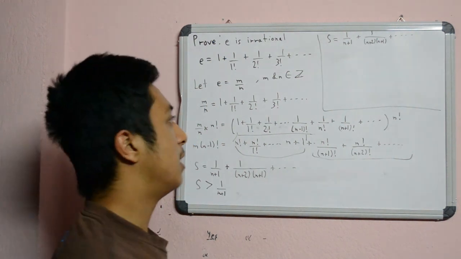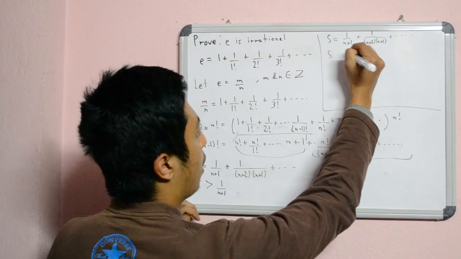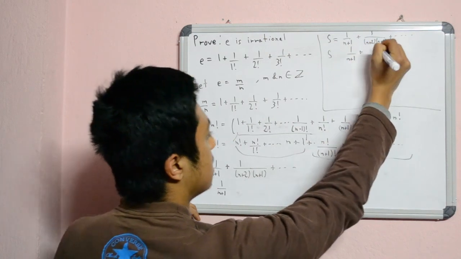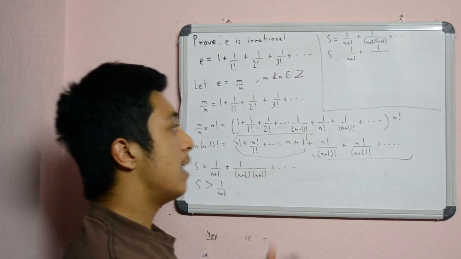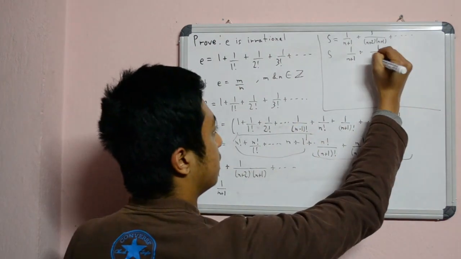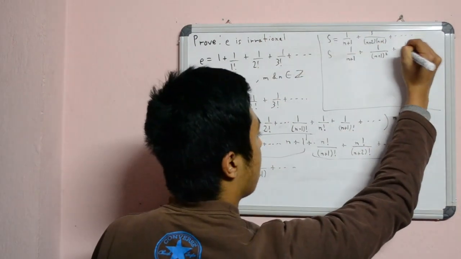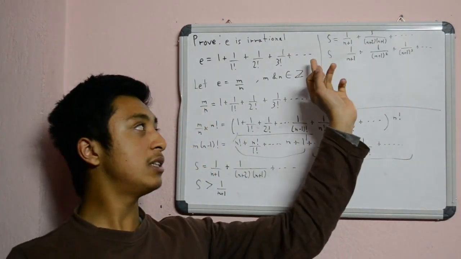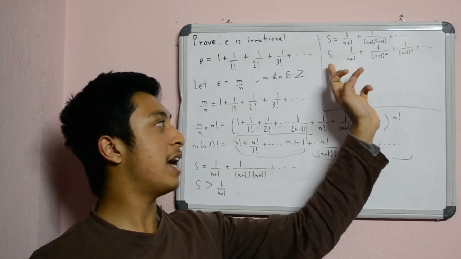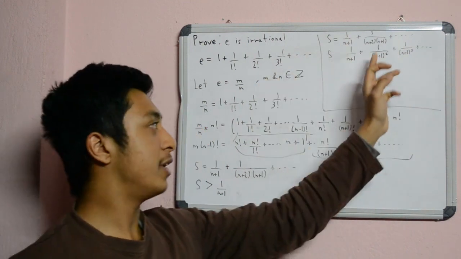So what I mean is, here we have the sum 1 by n plus 1 plus 1 by, I'll replace this n plus 2 with n plus 1, and what I will do is make this be n plus 1 square, and the next term will be n plus 1 whole cube. Now, will this sum be less than or greater than this new series over here?